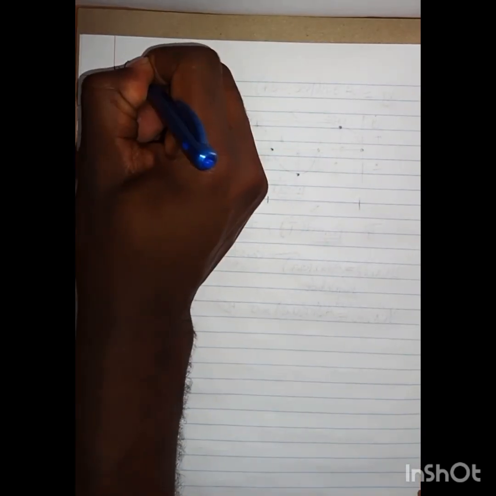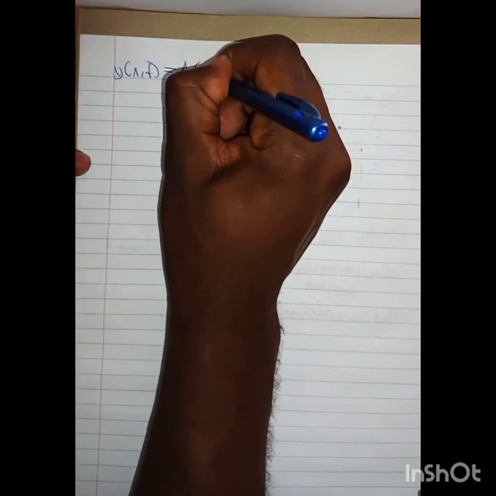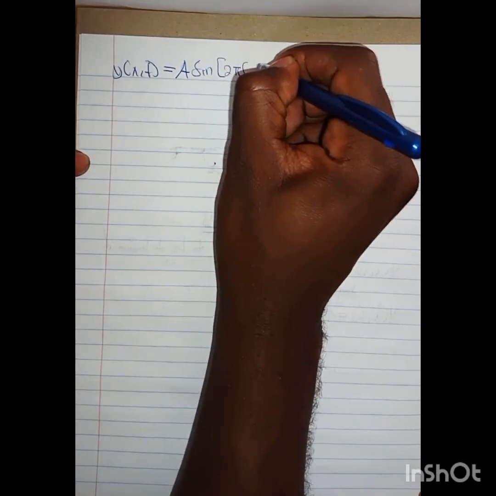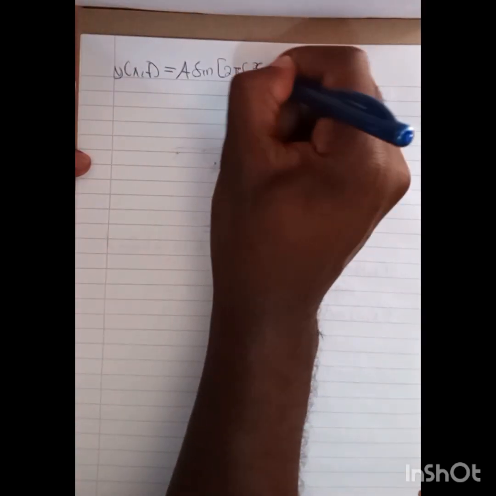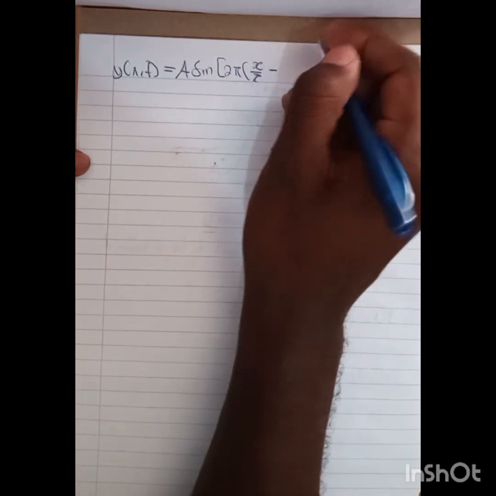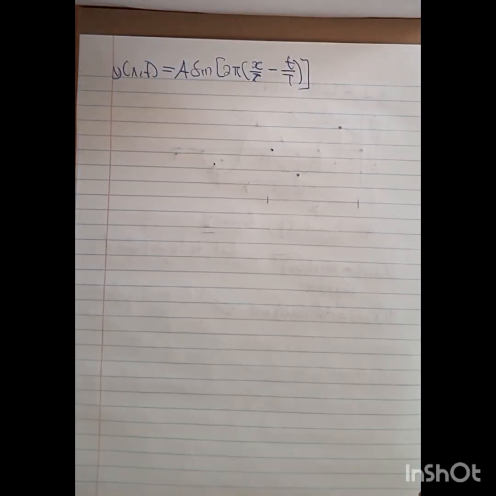So we have the periodic nature of the wave equation y(x,t), which is given by A sine of 2 pi, x over lambda minus t over T, in this form.